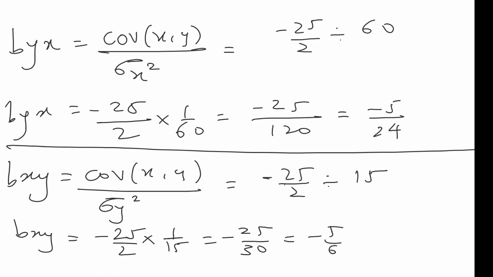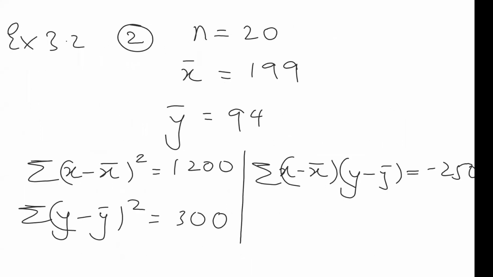So byx and bxy we have calculated. Now we'll look at what the question is asking: line y on x and line x on y. I'll show you the slides once again. This was the data given to us.